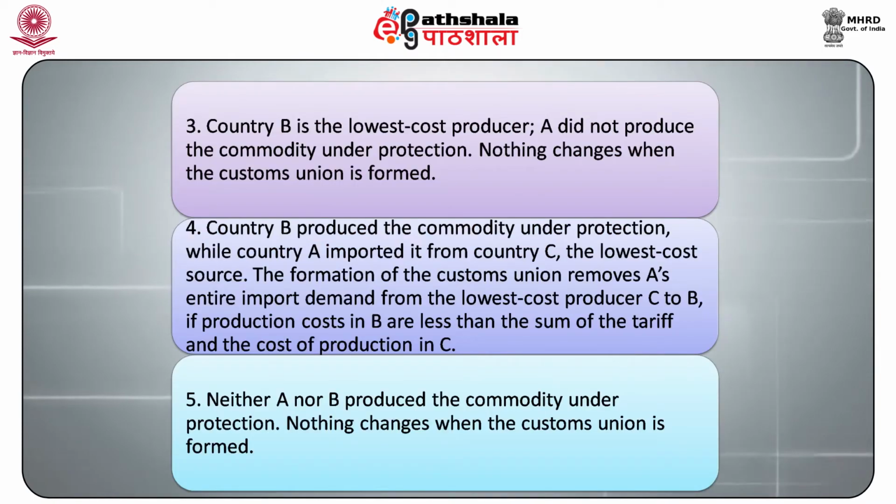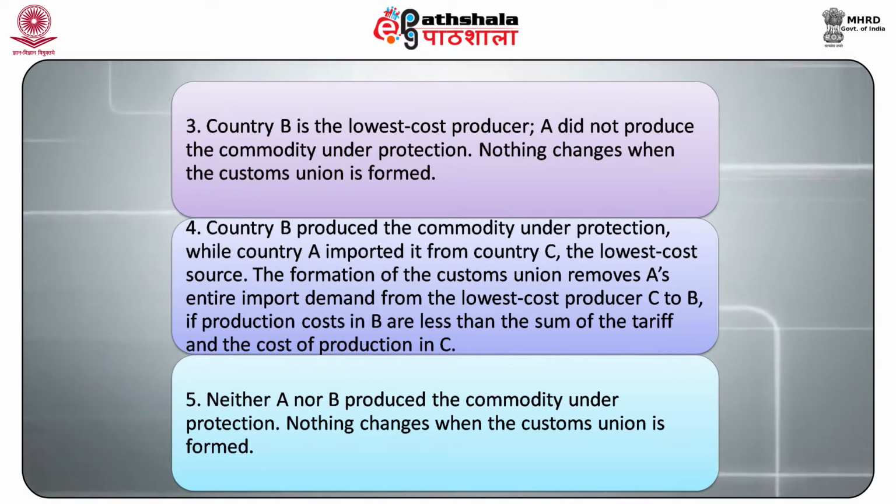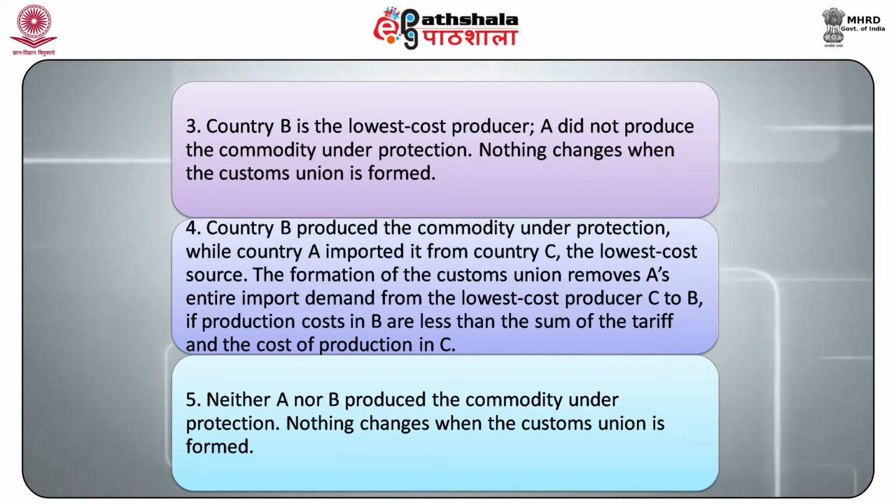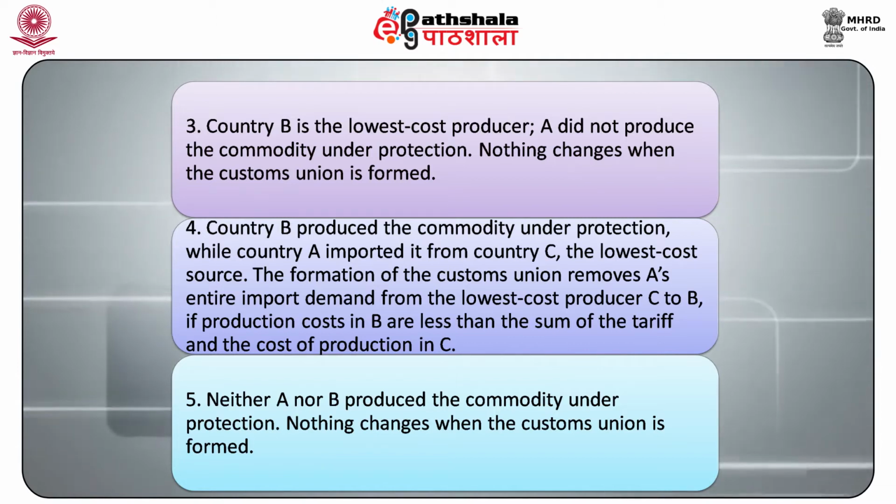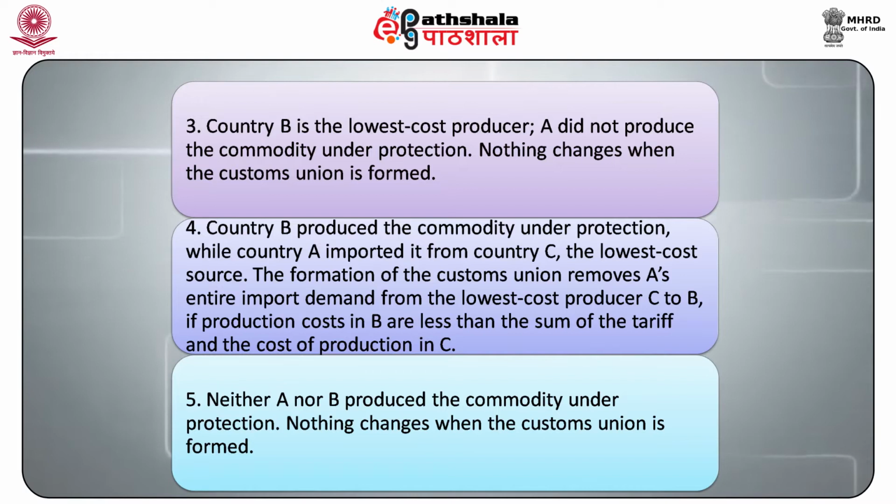Third, country B is the lowest cost producer. A does not produce the commodity under protection. Nothing changes when the customs union is formed. Now, fourthly, country B produces the commodity under protection while country A imports it from country C, the lowest cost source.